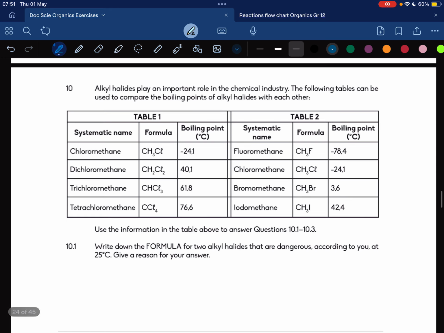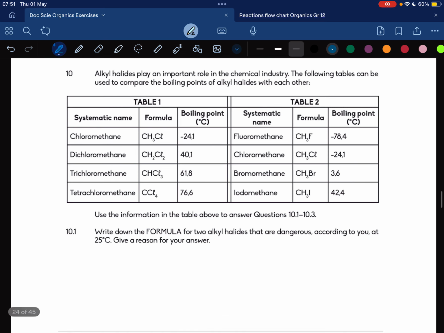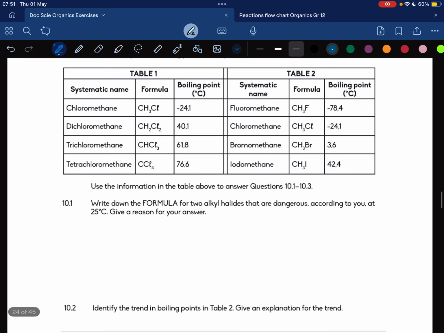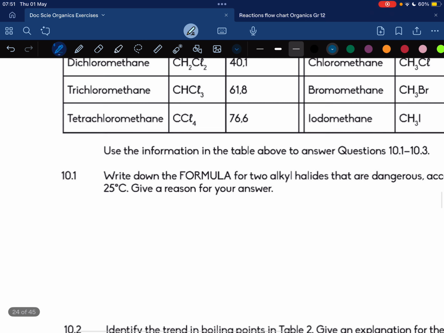Okay, then question 10 gives you alkyl halides. It says the following table is used to compare boiling points of alkyl halides with each other. So then it says write down the formula for 2 alkyl halides that are dangerous according to you and give a reason for your answer. Okay, so you could choose between any two. So the first one would be CH3Cl.